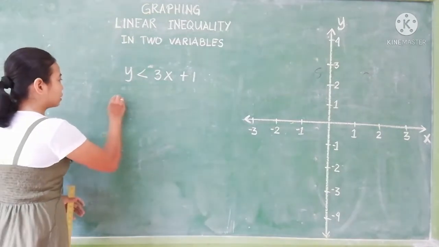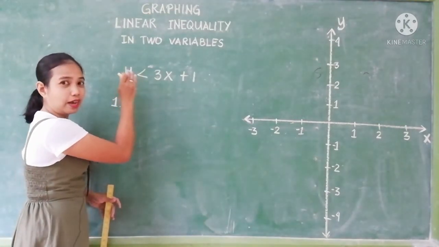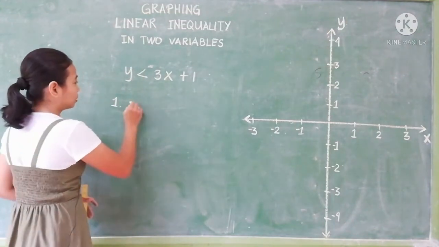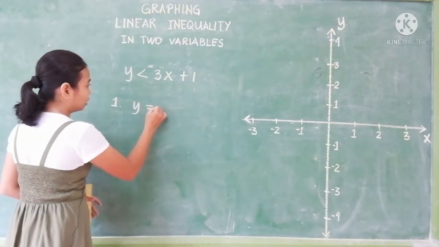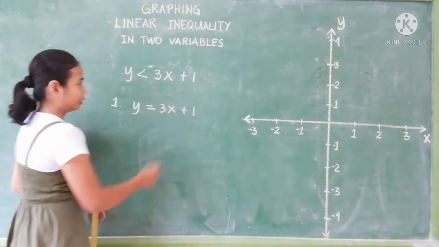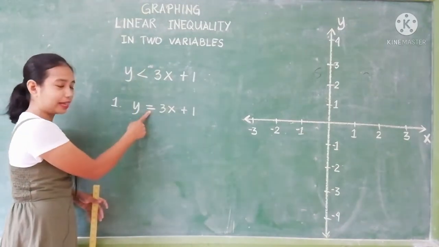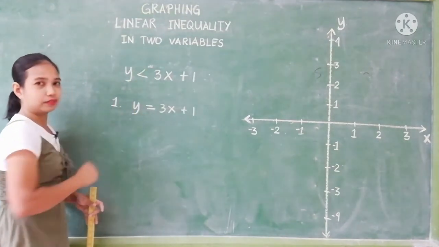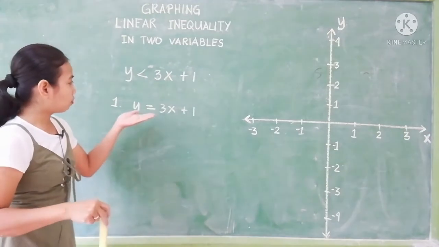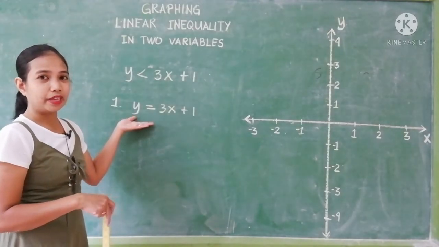So the number one step is we will make this symbol an equal symbol. So y equals 3x plus 1. So sa halip na ang isusulat natin ay less than, papalitan natin yan ng equal. Okay? So kung mapapansin niyo, ito ay ang slope-intercept form ng linear equation.